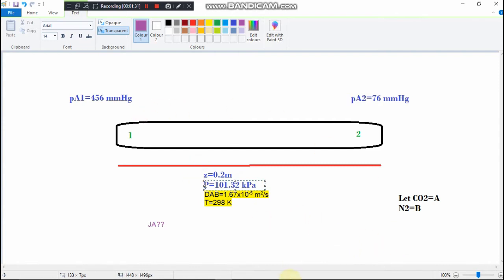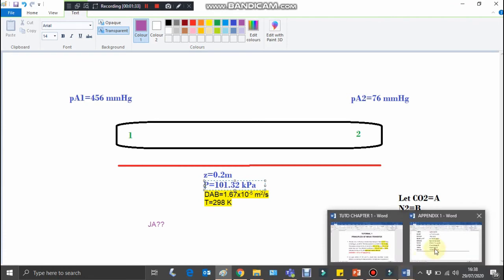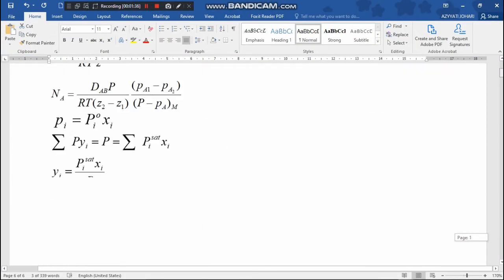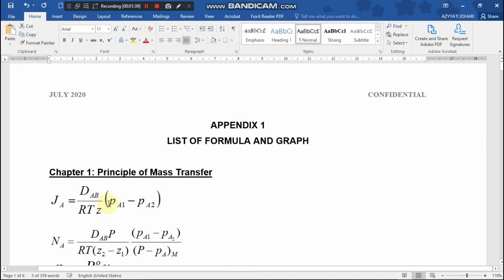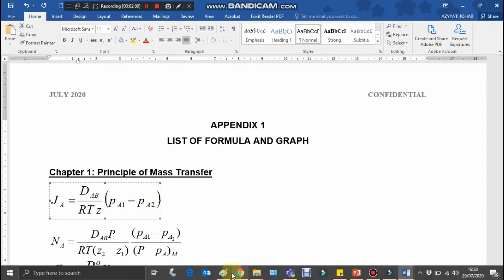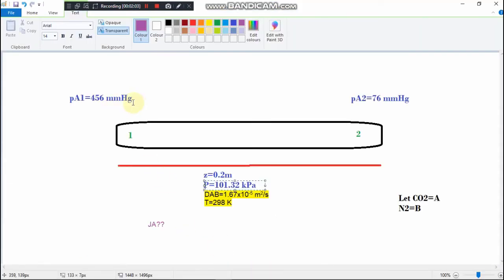And don't forget, for one component steady state equimolar counter diffusion, you deal with partial pressure. The pressure unit in the R constant is Pa, so you need to change the partial pressure given in mmHg to Pascal.